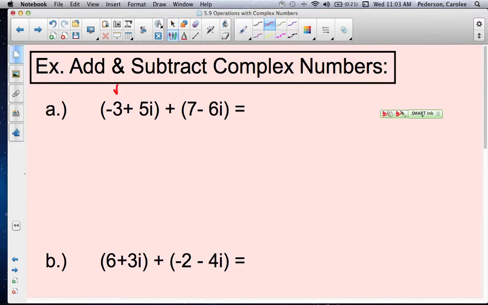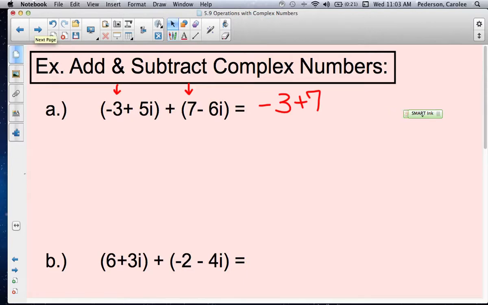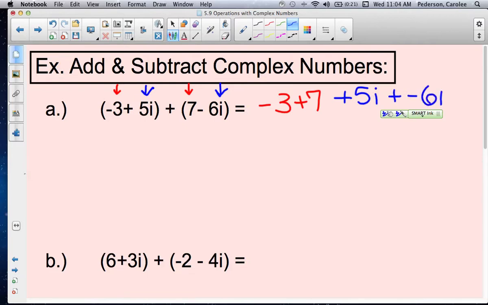So these are my reals. So I'm going to add negative 3 and 7 together. And then these are my imaginaries, 5i plus negative 6i.